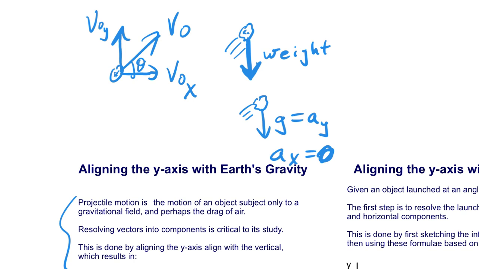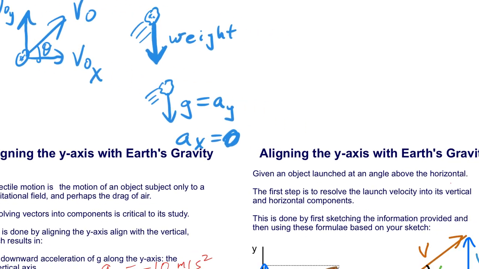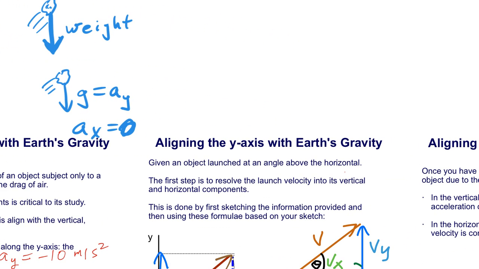The weight causes a downward acceleration. We'll call that AY, the acceleration in the y direction. And there's no acceleration in the x direction. That's important. So on Earth, AY will be negative 10, close to Earth, and AX will be 0.